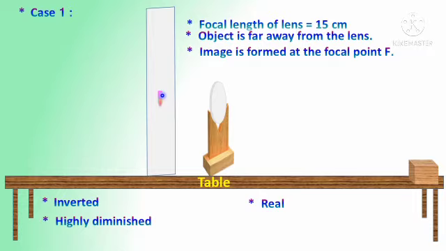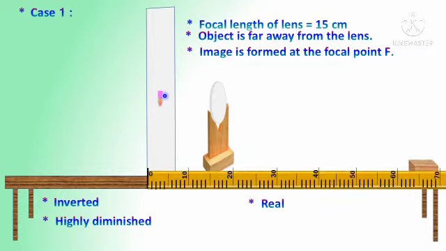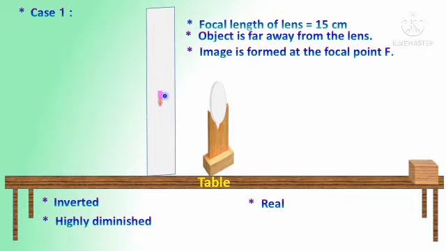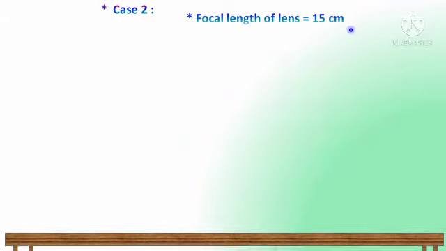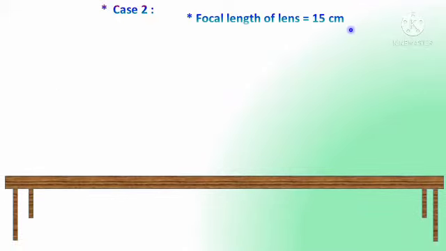First, the distance between screen and lens is very small, that is 10 centimeters or 15 centimeters, but the object distance is 70 centimeters. Next case, we take the focal length of the lens as 15 centimeters.